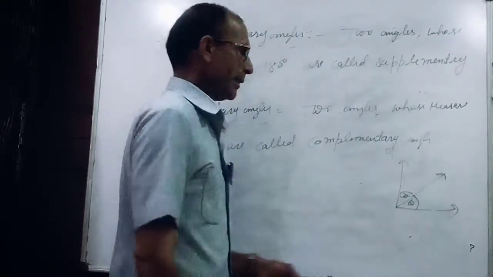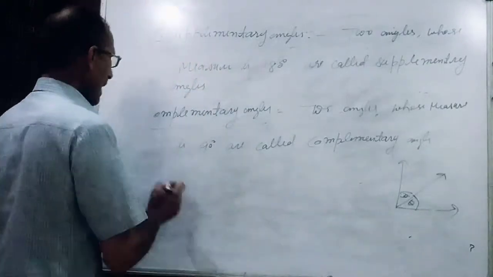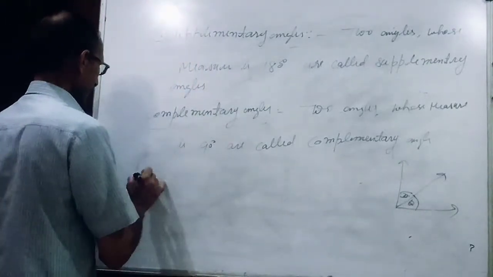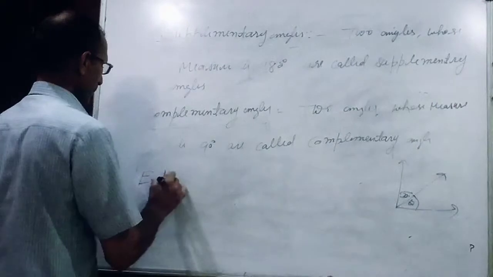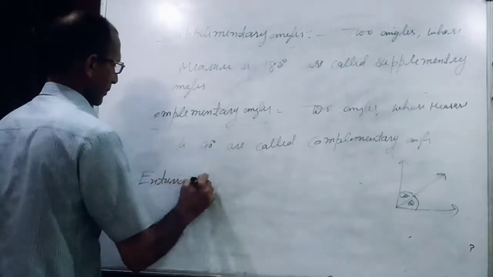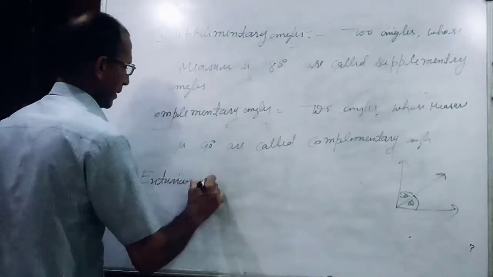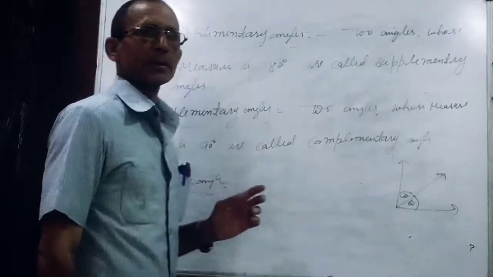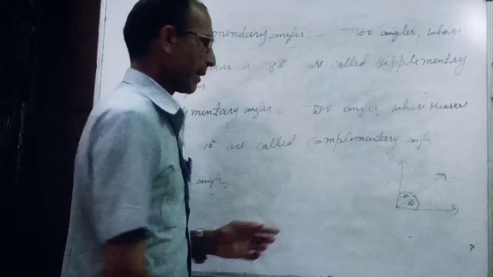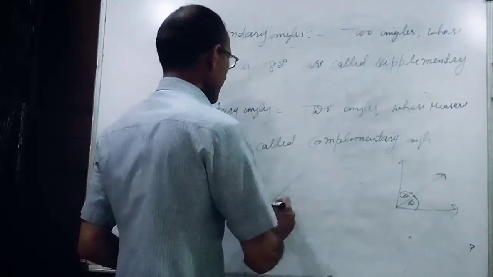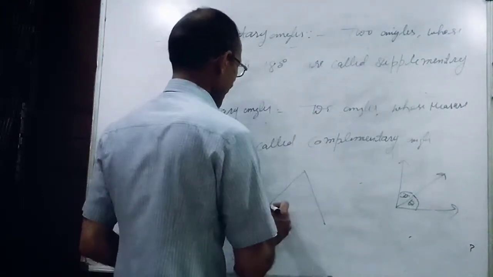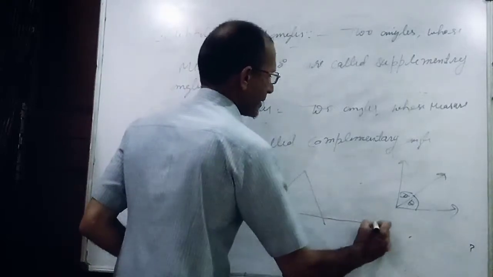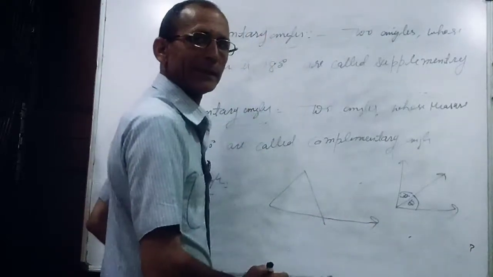Understood? Next, exterior angles. Suppose this is a triangle and this side is extended.